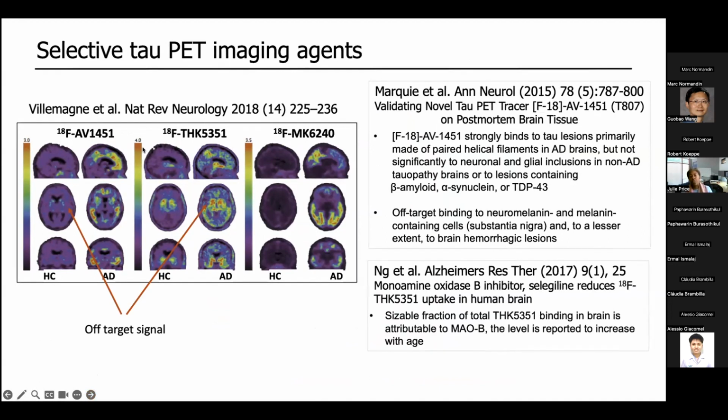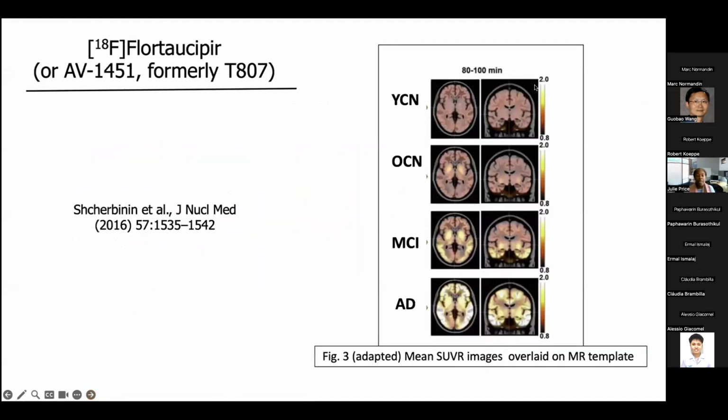What was also revealed is that for THK 5351, a sizable fraction of that binding in brain was attributable to binding to monoamine oxidase B and not to the protein, not to tau. So it's very important to do some of these evaluations as early on as possible, before widespread use, and this is no longer used.